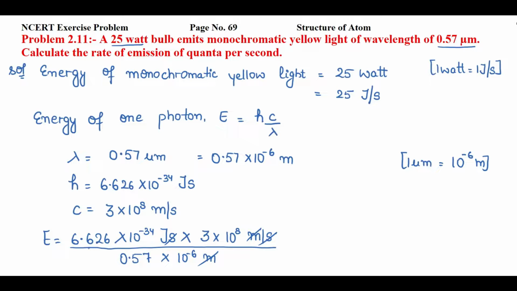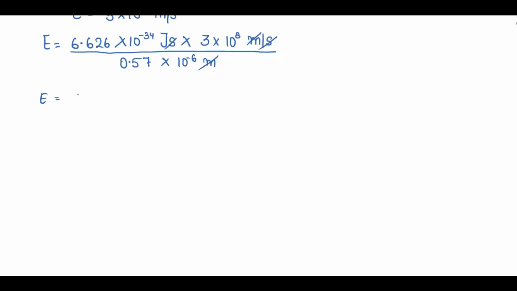So when you will multiply 6.626 with 3, the answer will be 19.878, right? So we are having powers 10 raised to power minus 34 into 10 raised to power 8. Now this 10 raised to power minus 6, when I'll take this power in numerator, it will be 10 raised to power 6 divided by 0.57 and units joule.